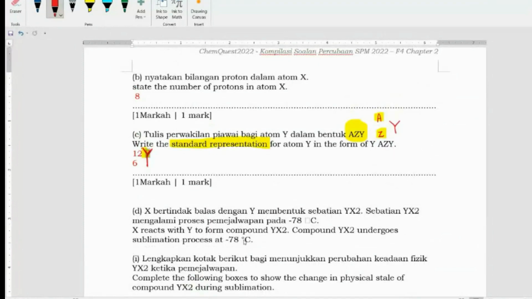Yang pertama kita tengok kalau dia ada beri, dia punya sublimation. Sublimation is solid to gas, right? Solid change to gas. Negative 78 degrees Celsius. Ini kira tinggi kah kira rendah? This one is considered high or low class. Negative 78. Tinggi kah rendah? Adrian, this one is high or low?